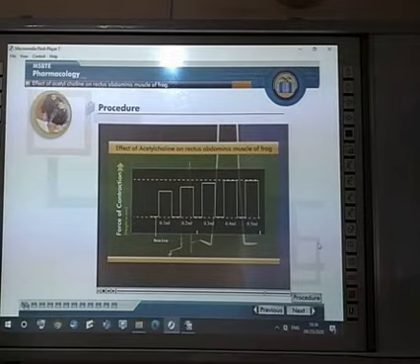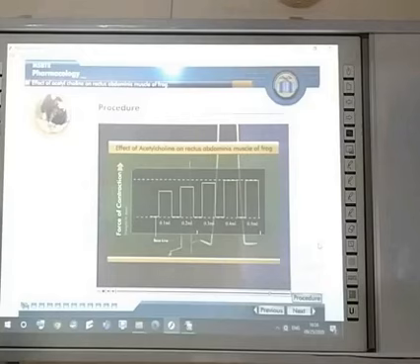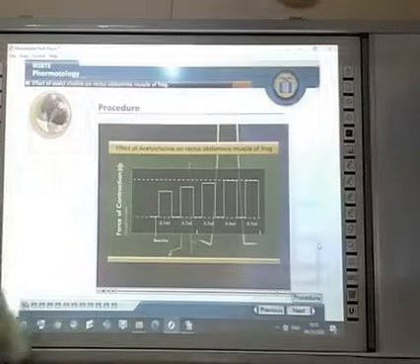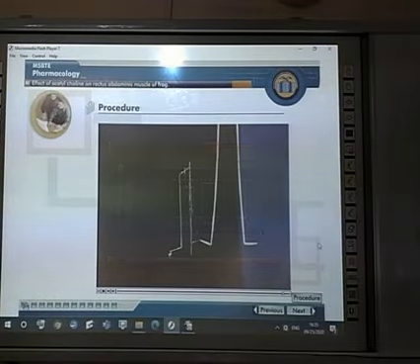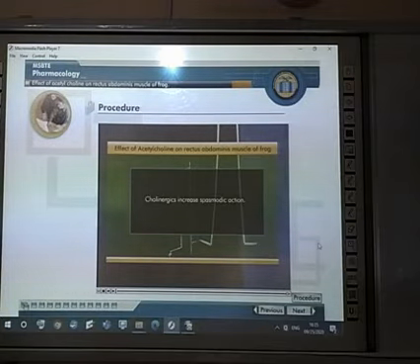Height of response is indicative of muscle contraction. You can see that with increasing doses of acetylcholine, muscle contraction increases. Hence, we can say that cholinergics increase spasmodic action.